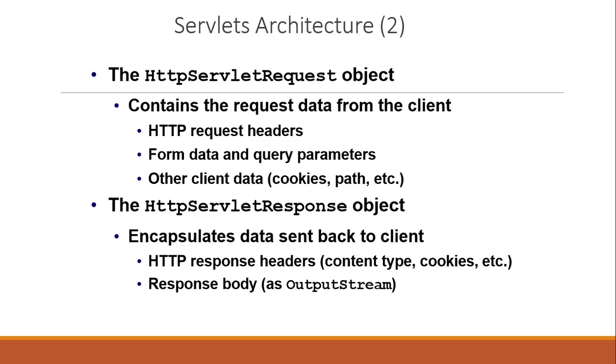Next is the response body, meaning the output stream, whatever is going to be displayed on the screen, which will show under the response body. Now, HTTP servlet request and servlet response, I hope both are clear. There we are requesting things, and in the response we are giving the result to the client.